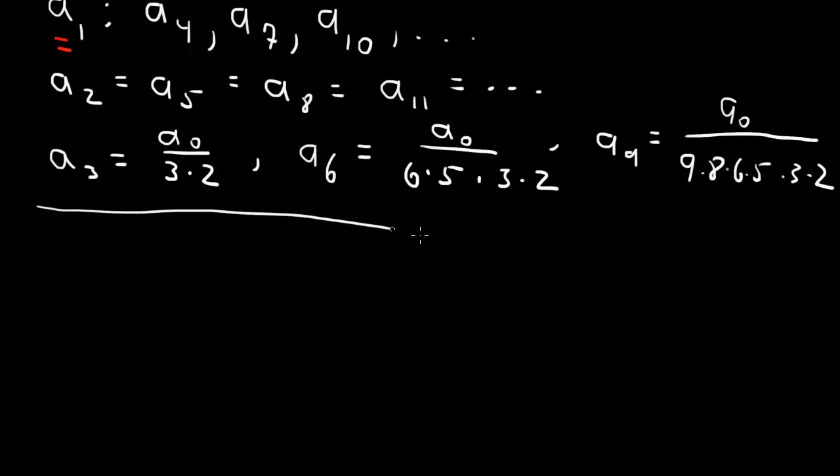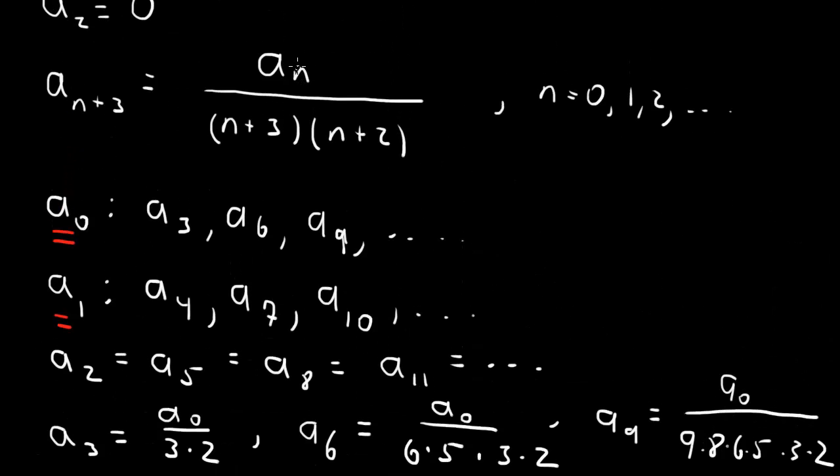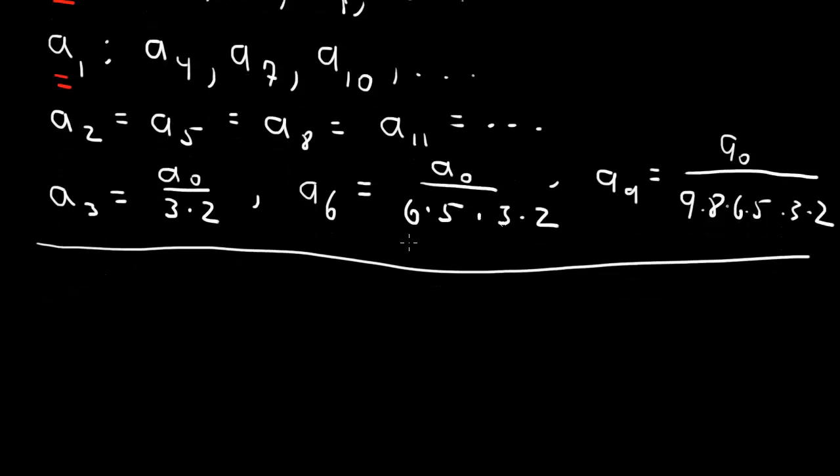The second sequence will start with a1. Starting with a1, here n equals 1, we will get a4, which is a1 over 4 times 3. And it's the same sort of pattern here, so we go up by 3.